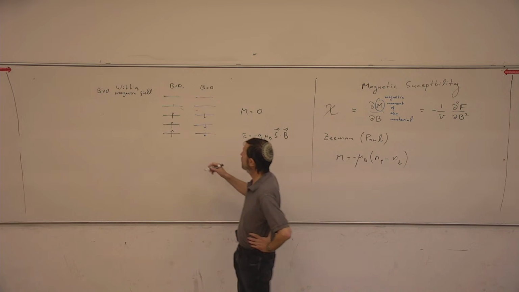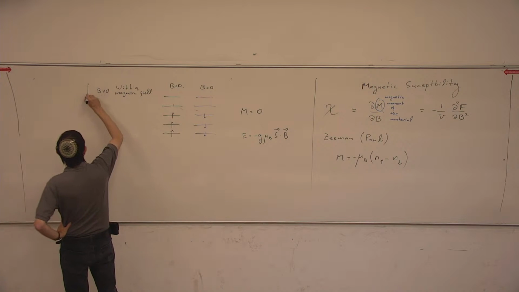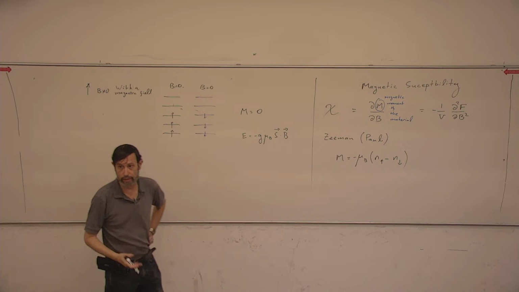Okay, I assume that B not equals 0 and is in the up direction.